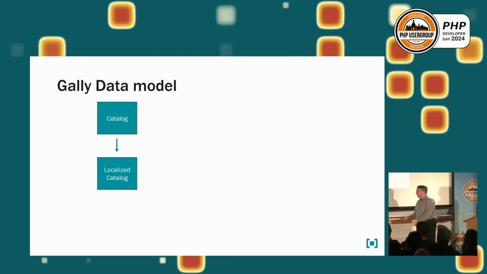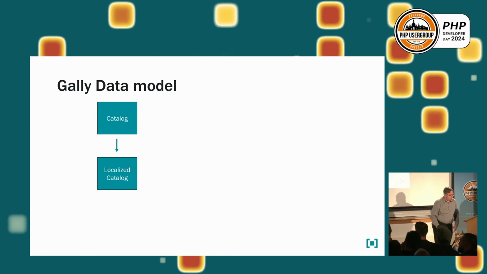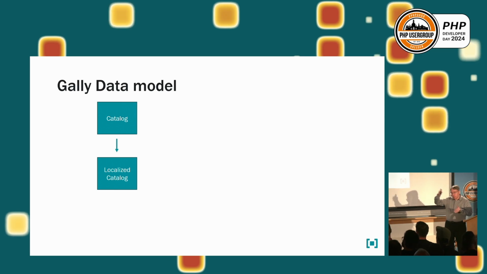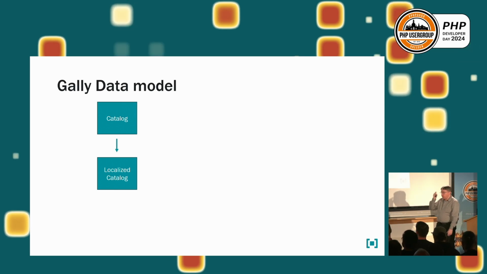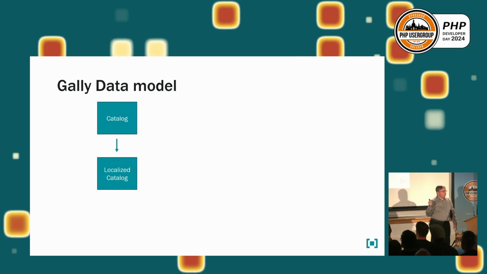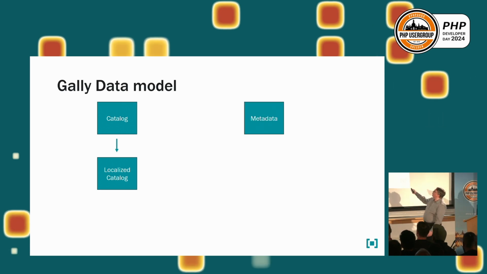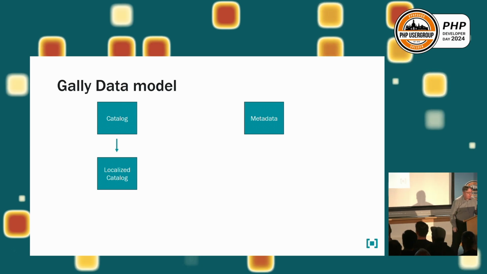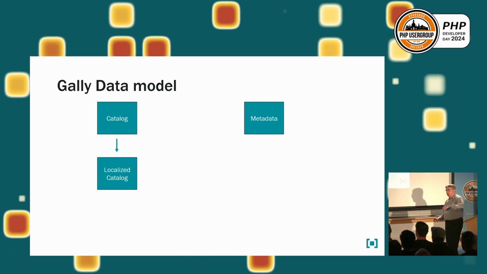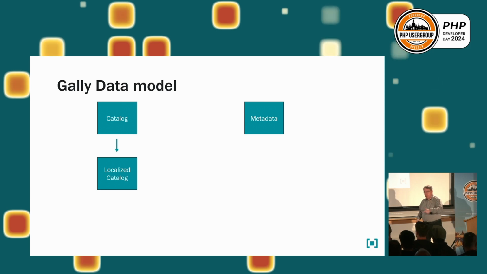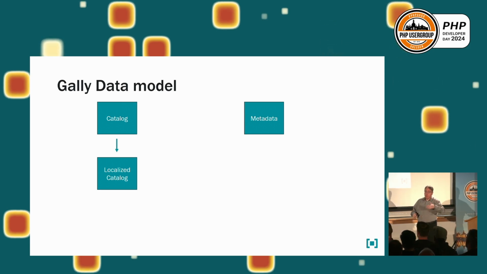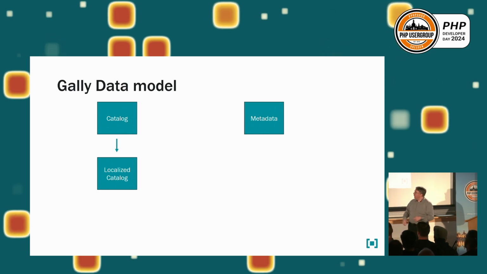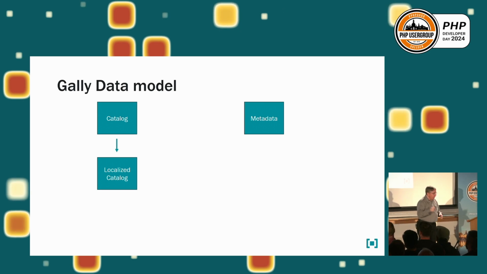But if you had a blog in multiple languages, then you would have multiple localized catalogs that you need to address during the indexing part. On the right-hand side, we have the metadata, the objects Galley is aware of. By default, and I said it previously, it's coming from the e-commerce space, so Galley knows about products, categories, price, stock, images, all that stuff, CMS pages, but it's extensible.